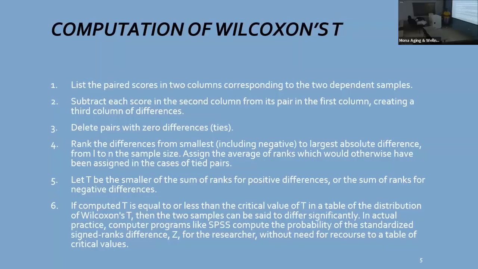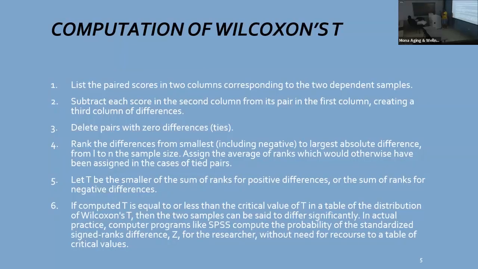Step number 5 now. T is gonna be the smaller of the sum of the ranks. So after you've ordered your numbers and assigned ranks, the next thing you're gonna do is put back the signs on the ranks. So the ranks are gonna take the signs of the differences, right?